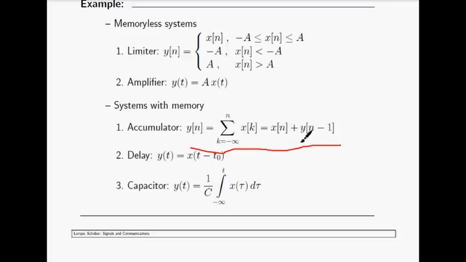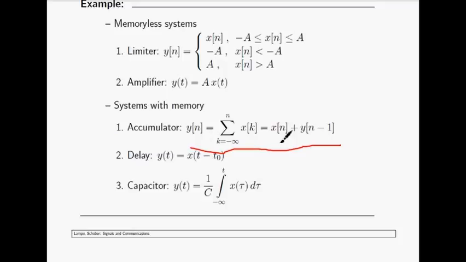If I put n equal to 1, then y(1) is equal to x(0) plus x(1) plus y(0). So you can see that in this case the system is dependent on the past value of the input. So this system has memory.